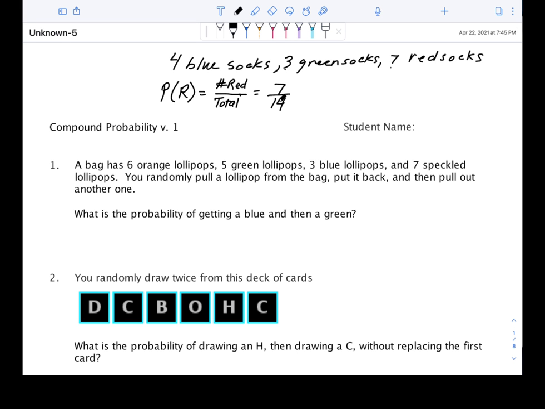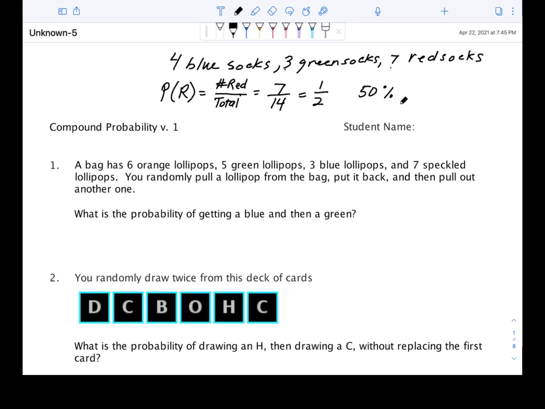So 7 out of 14. If I truly randomly mixed up my socks and did this multiple times, 7 out of 14 times I would get a red sock. We can reduce that to 1/2, which is 50%. 50% of the time, I'm going to get a red sock.